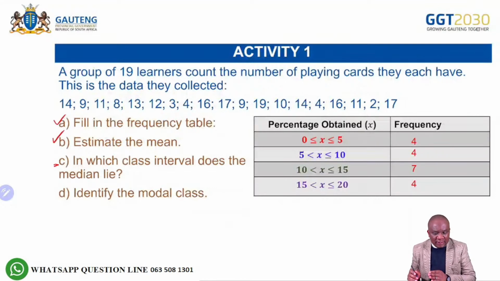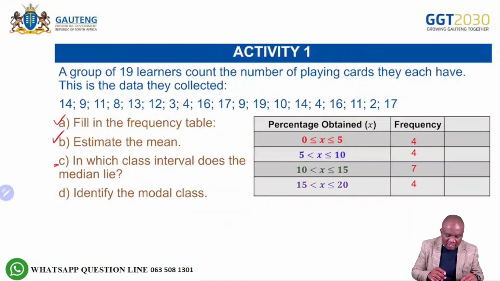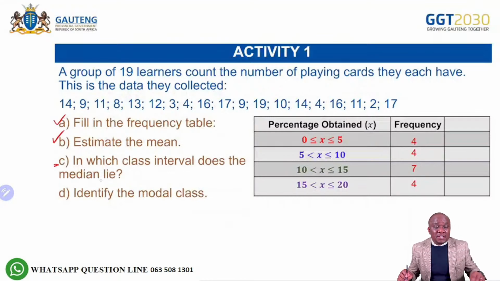So now, to your frequency table, introduce the column for cumulative frequency, and determine your cumulative frequencies, and then try to find out the class interval where the median lies. Let me give you 3 minutes for that. I think 3 minutes will be enough. After 3 minutes, we're going to mark our work.